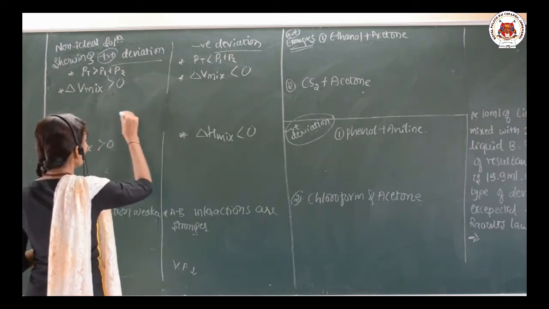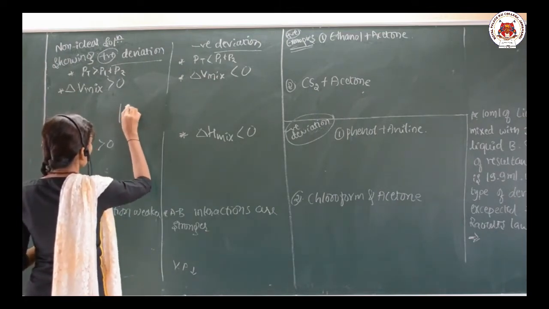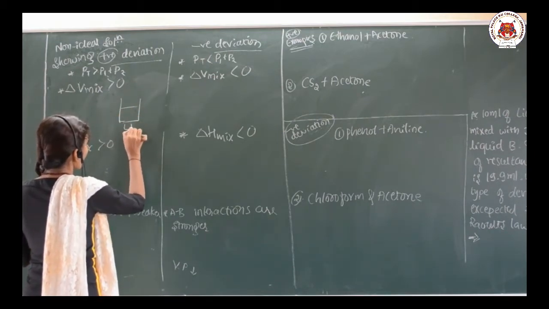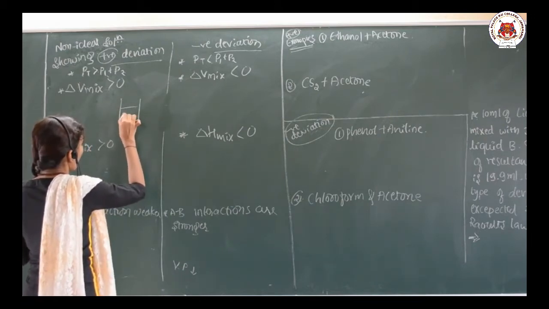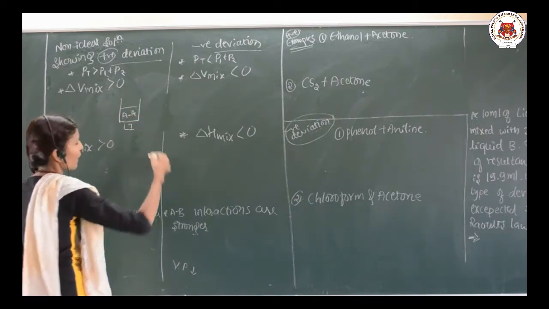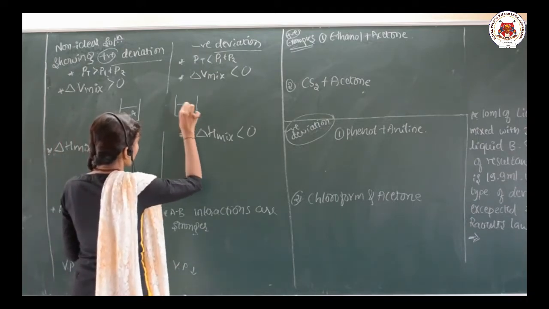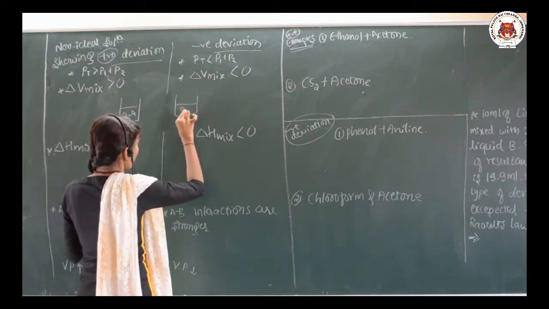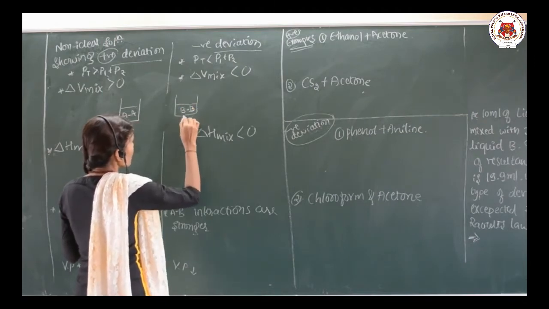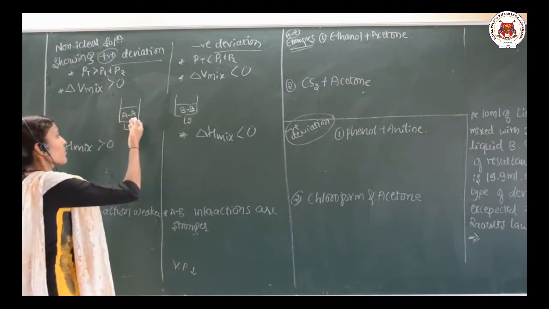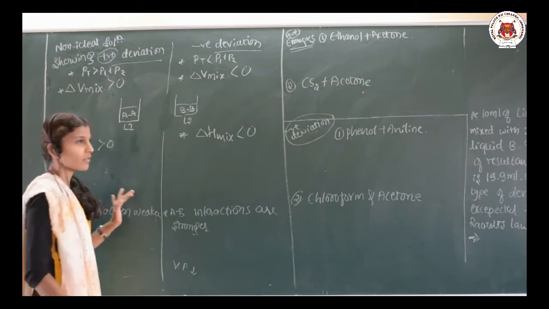So, let me tell you, here is liquid 1, which has the AA type of interaction, and here is liquid 2, which has the BB type of interaction. Let us take one as the solute and the other as the solvent.